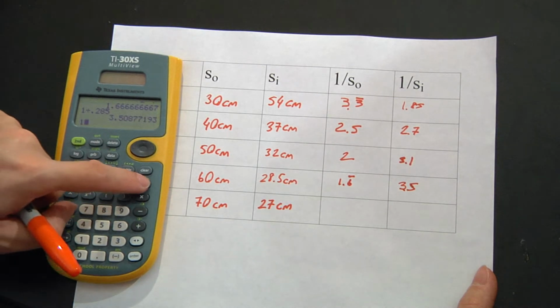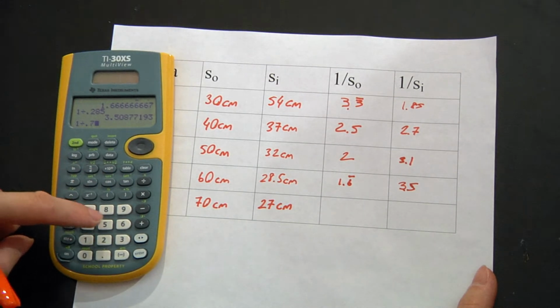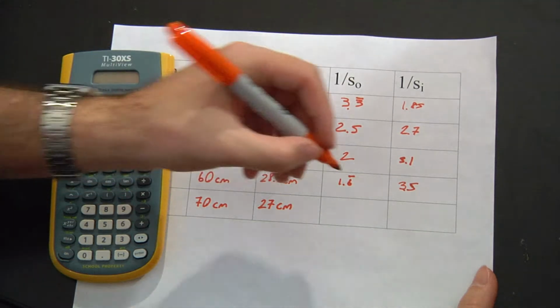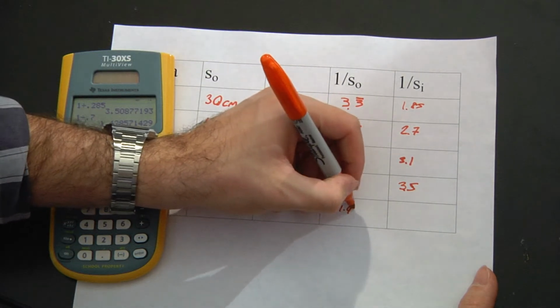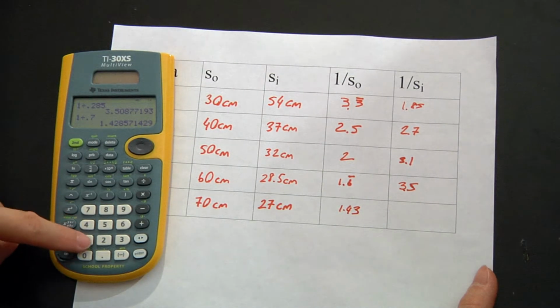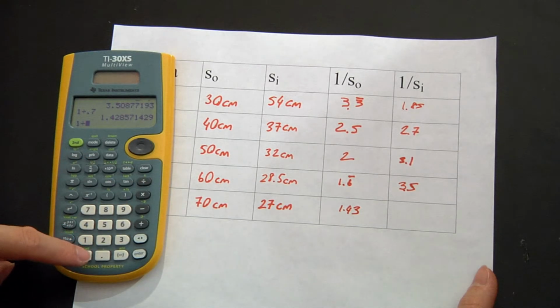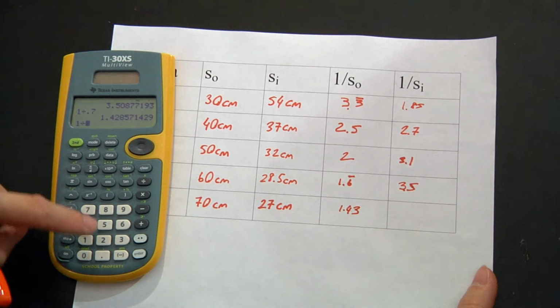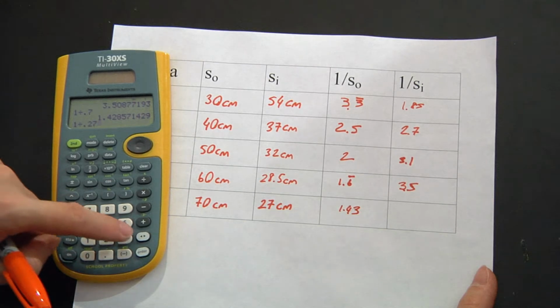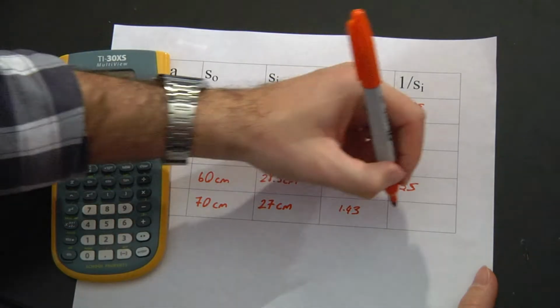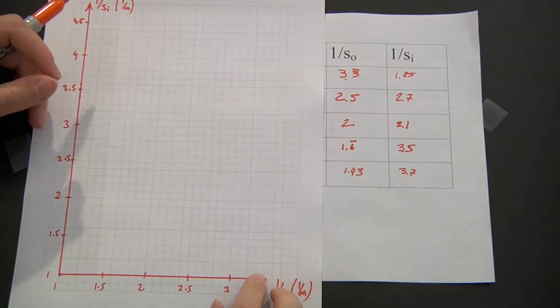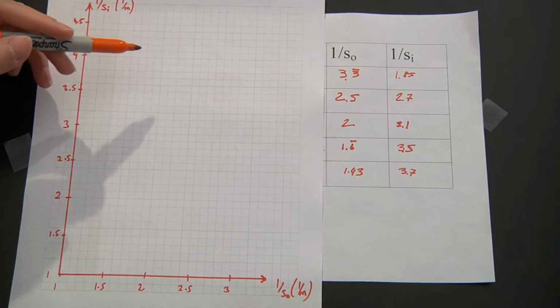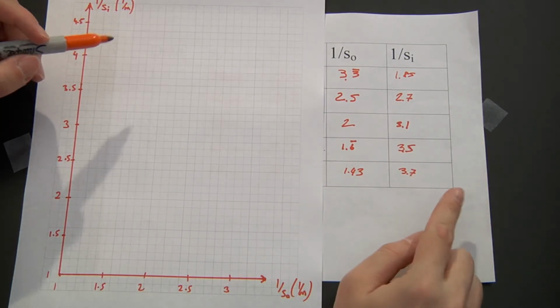And 1 divided by 0.7, 1.43. And 1 divided by 0.27 is 3.7.